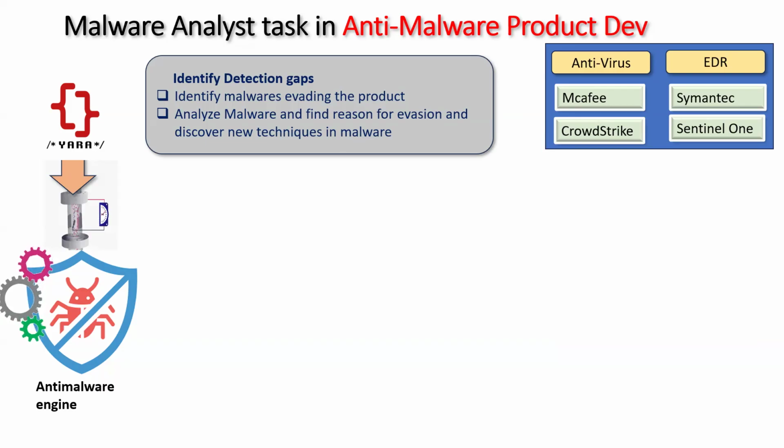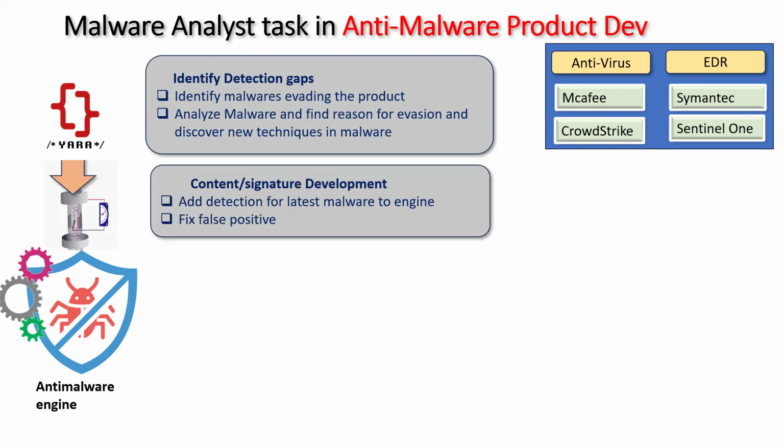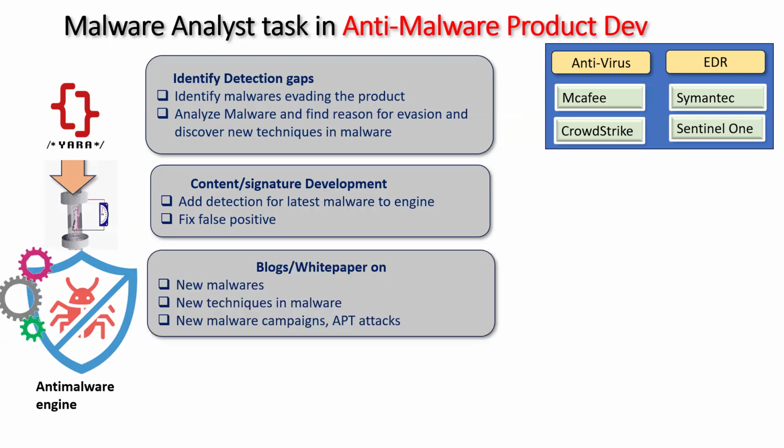Their work is to analyze the malware and find the reason for the evasion and discover new techniques used in the malwares. Also, their work is to develop the content or signature for the anti-malware engine. They are required to add detection for the latest malwares to the engine, fix false positives. They are also required to write blogs and white papers on new malwares and the new techniques used in malwares, new malware campaigns, and APT attacks.